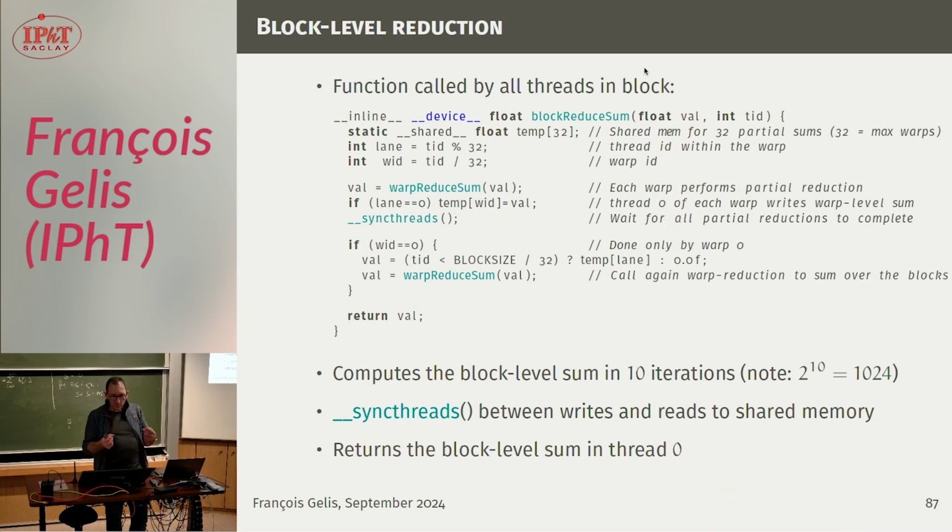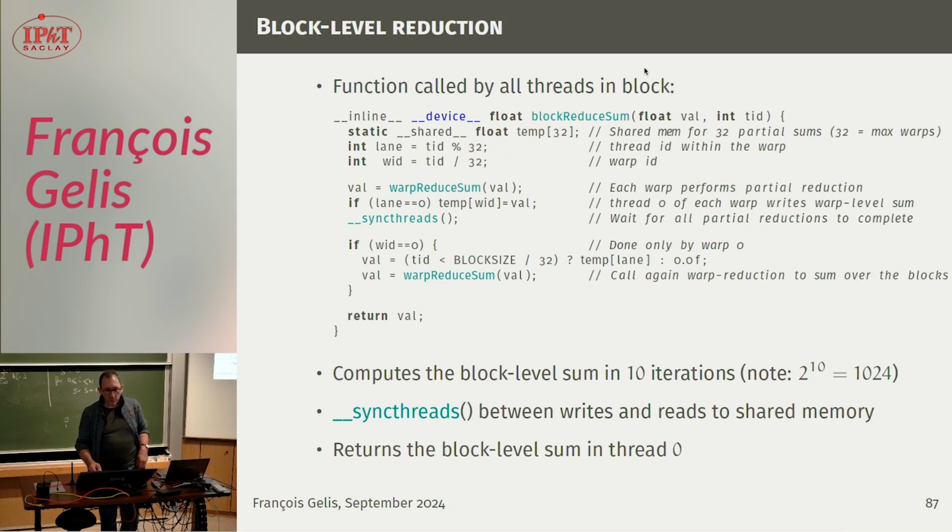One is the value held by a particular thread, and the other is an integer which is a thread index, so an integer that labels the thread within the block, from 0 to the block size minus 1. The first thing we do here is declare shared memory. It has to be of the same type as the numbers you want to add.